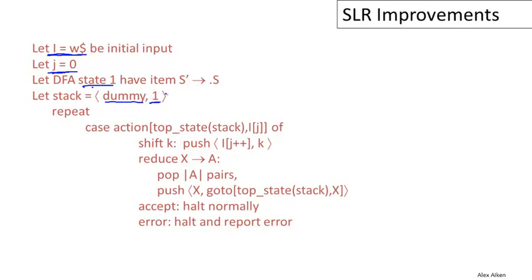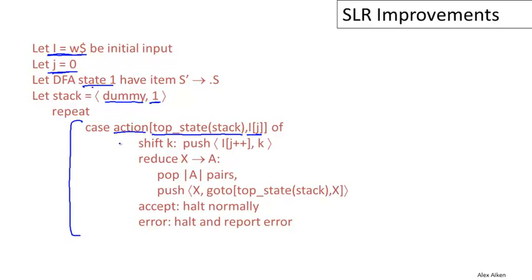And now we're going to repeat the following loop until we've either successfully parsed the input or we detect an error. And at each step, what are we going to do? Well, we're going to look at the next input symbol, and we're going to look at the final state of the automaton on the stack contents, and that's always the state of the pair that's on the top of the stack. And we're going to look those two things up in the action table, and that's going to tell us what kind of move to make.